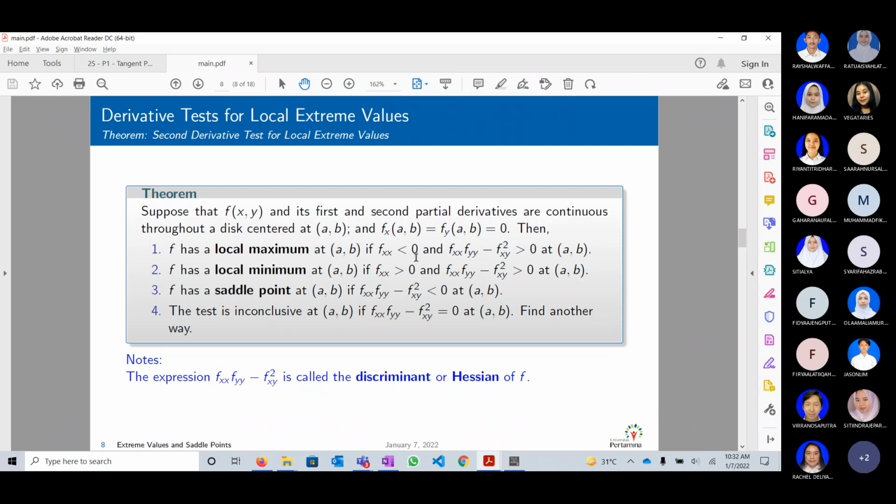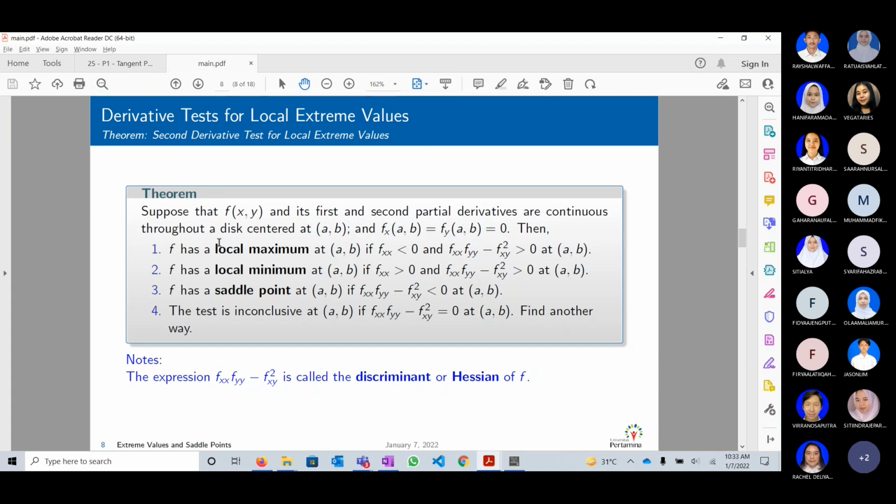So the theorem says that suppose the function f and its first and second partial derivatives are continuous throughout a disk centered at the point (a, b), and fx and fy at that point are equal to 0.